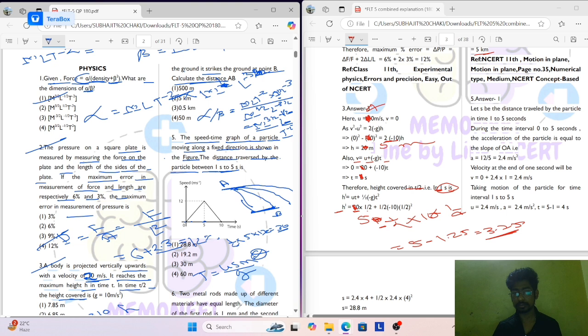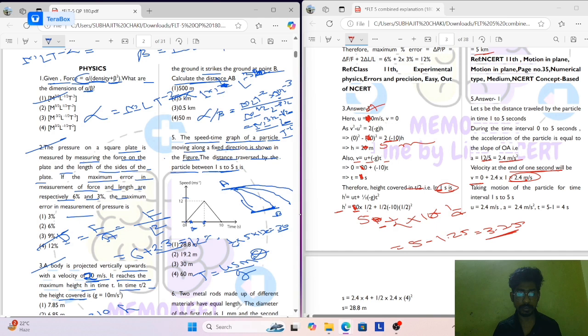And we have to calculate the acceleration. Acceleration is the slope of the speed time graph or the velocity time graph. This is 12 by 5 means 2.4, which will be our acceleration. The velocity at the end of 1 second will be 2.4 meter per second. Okay, if this is 1 second, this is 2.4 meter per second, and we have to calculate the final distance here. u we know, time we know, and acceleration we know.